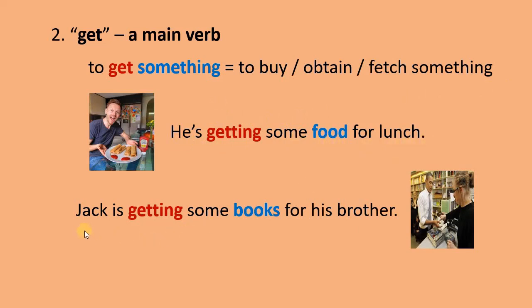Example number 2, Jack is getting some books for his brother. Yes, Jack is getting some books for his brother. So he's obtaining some books or he's buying some books.